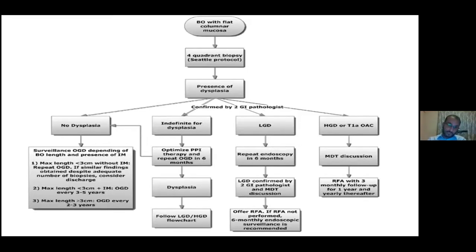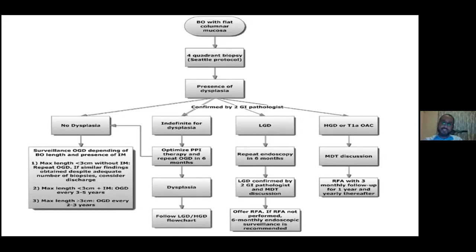Oh no, sorry, the patient repeats the scope after 6 months, there's nothing, so the patient is discharged. If less than 3 centimeters with intestinal metaplasia, scope every 3 to 5 years. If the maximum length is 3 centimeters or more, repeat scope every 2 to 3 years. In indefinite for dysplasia, optimize PPI therapy, repeat scope in 6 months.